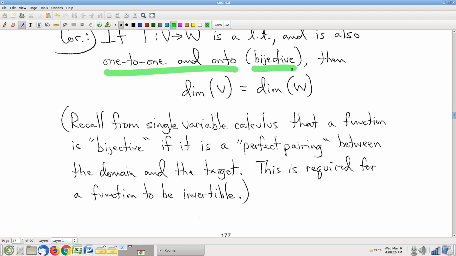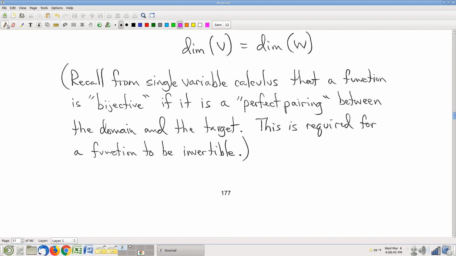So this idea should have been covered in a Calc 1 class. My experience with Math 216 is that most of y'all's Calc 1 classes glossed over this stuff, so y'all might not recall these meanings. Let me tell you what these words mean first.